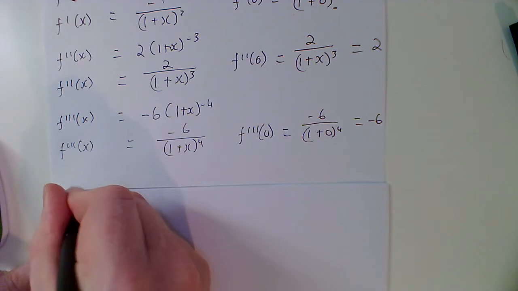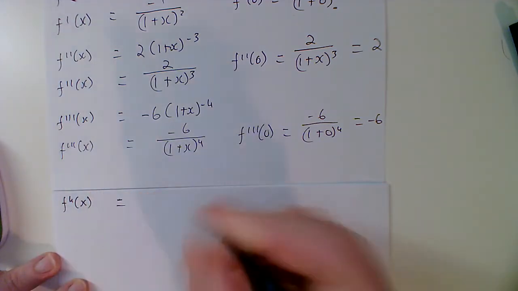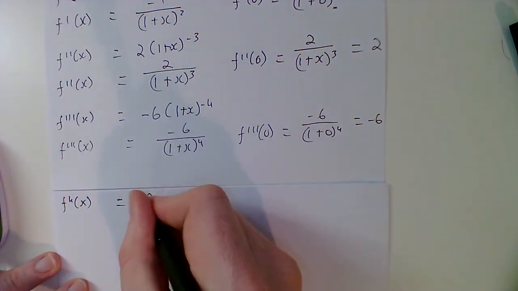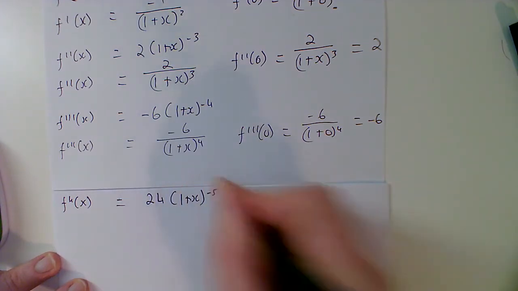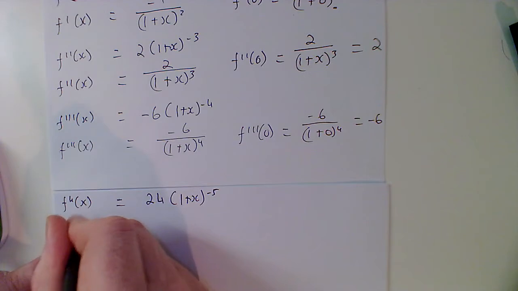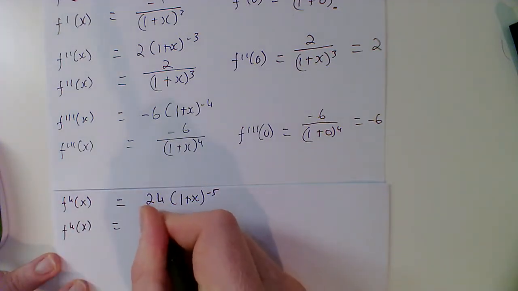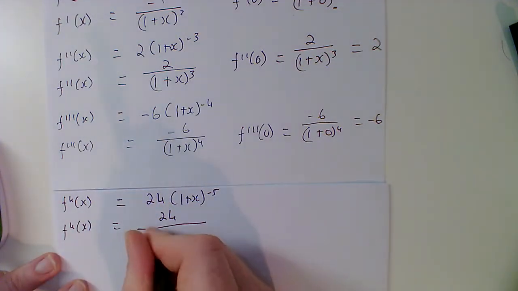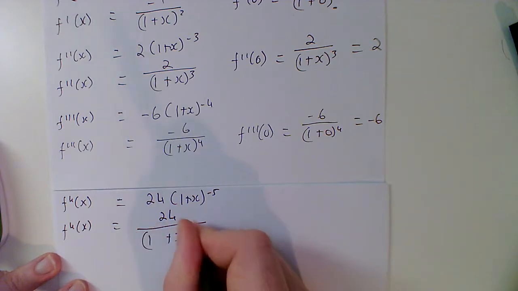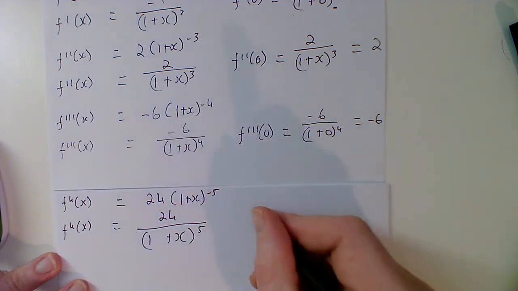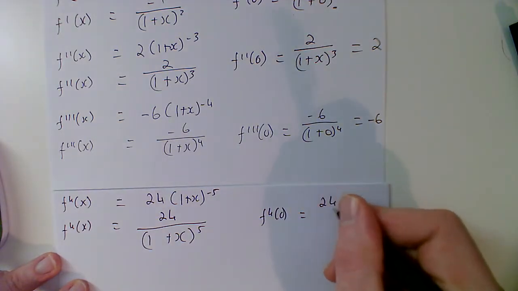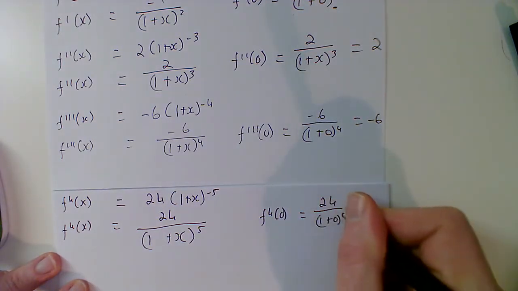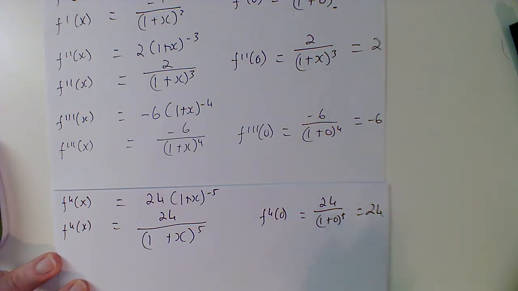So the fourth derivative of x is, again, use this one here, 24, 1 plus x to the power of negative 5, which is 24 over 1 plus x to the power of 5, which is 24.